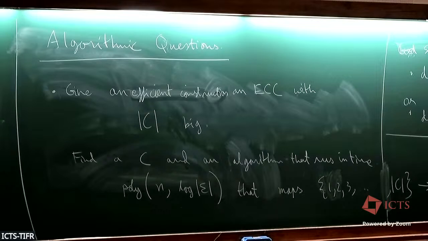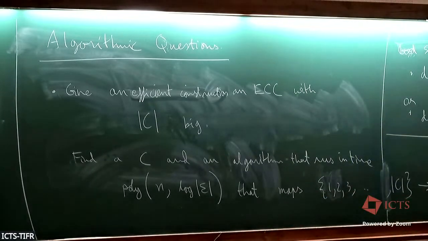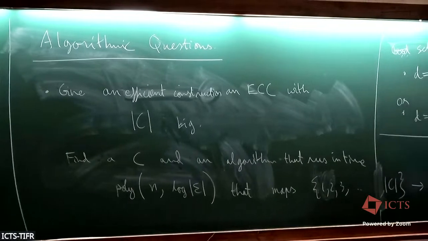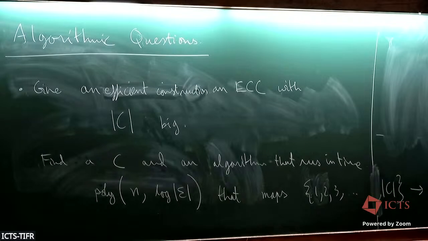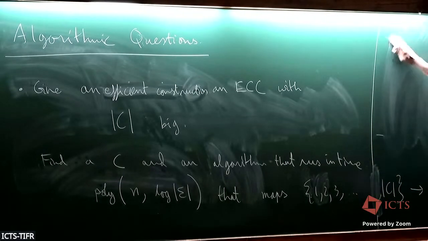So in this complicated generality, it's hard to imagine what kind of code you would construct. But fortunately, there's a specific family of codes which are automatically very efficiently describable. And we can hope to do it for those codes. So what I want to now talk about is linear codes.